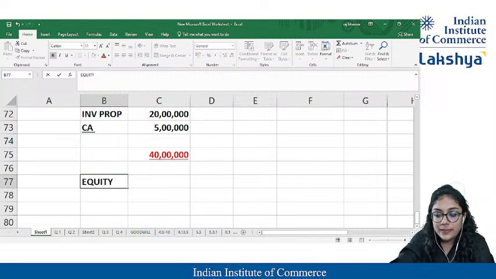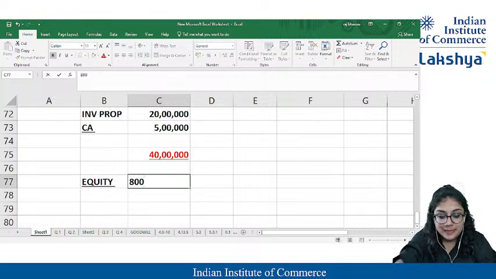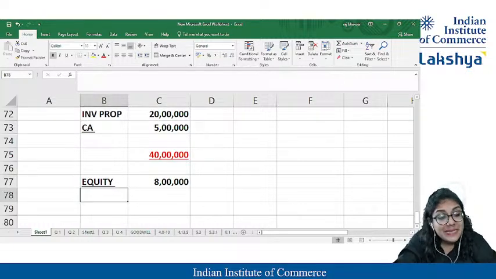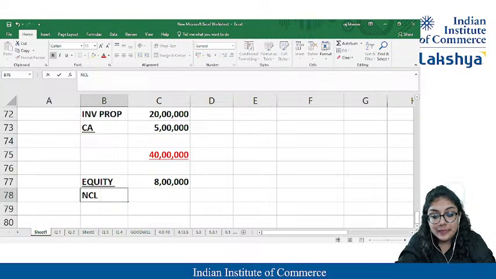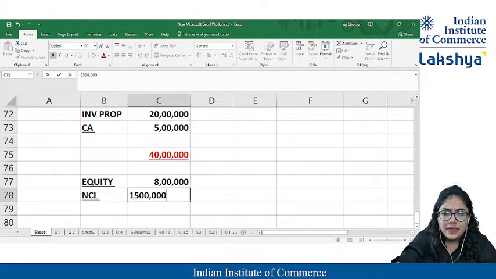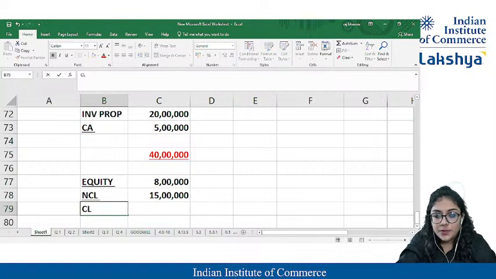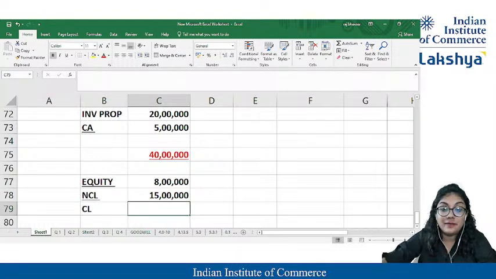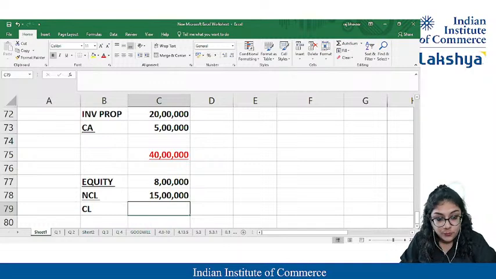So they will be having some equity. Let's take the company having an equity of 8 lakhs, some non-current liability worth 15 lakhs, and current liabilities, just give me a minute, I'm very bad at calculation, 40 minus 8 minus 15, so 17 lakhs.